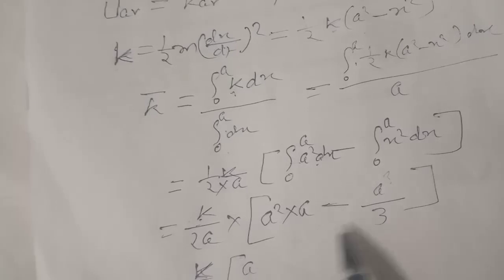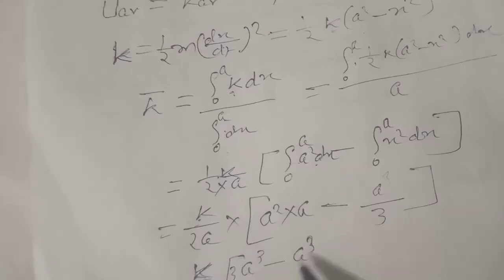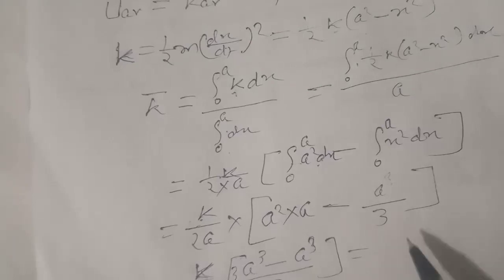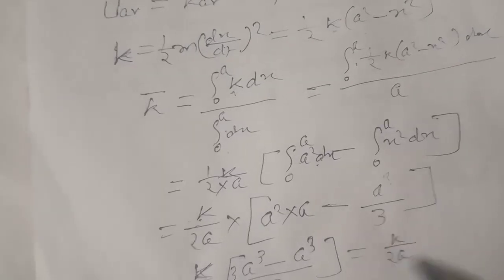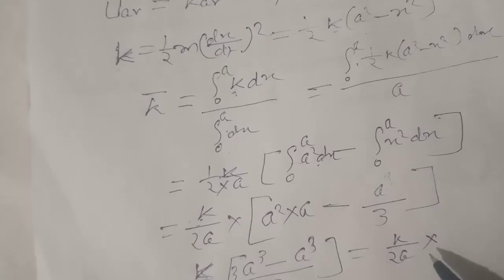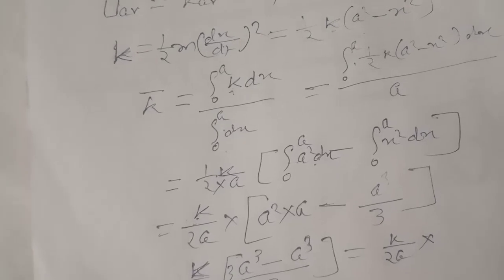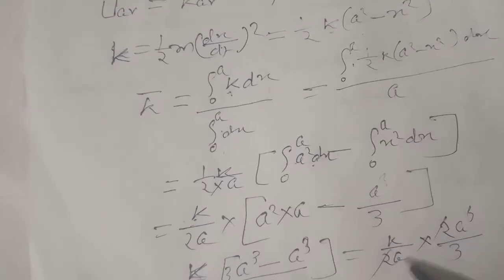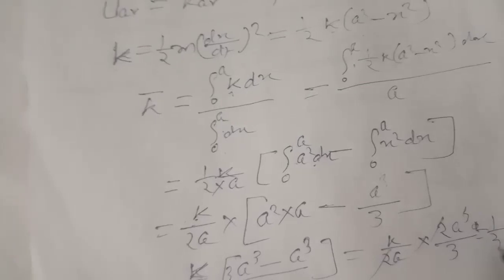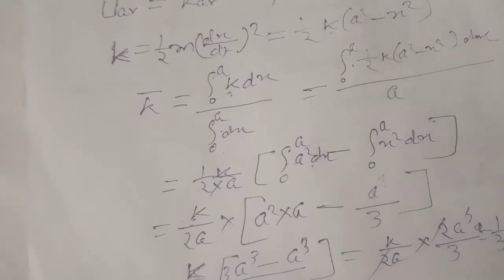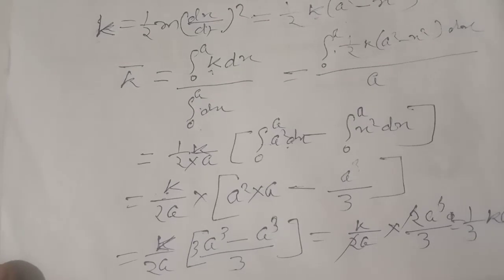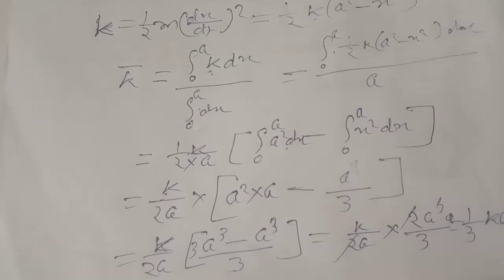So k/2a times (a³ minus a³/3), solving this, gives k/2a times 2a³/3, and we will get 1/3 ka² as the kinetic energy averaged over distance.